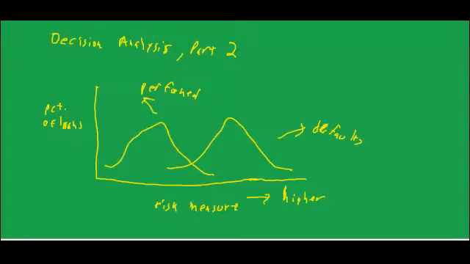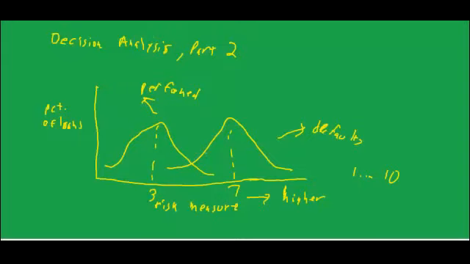So what this tells us is that our defaults tended to have higher risk by this measure. Let's say it was a measure that goes from 1 to 10, and the defaults center around 7, and the performing loans center around 3.